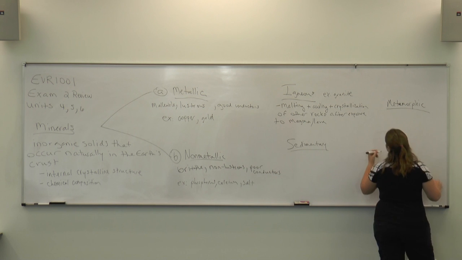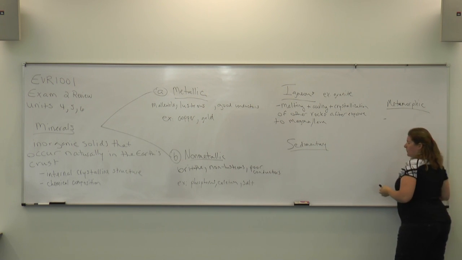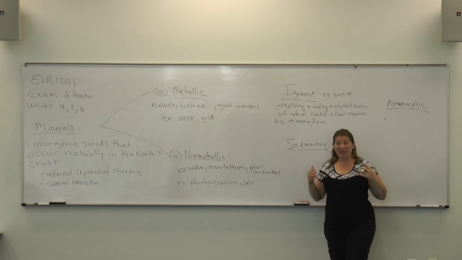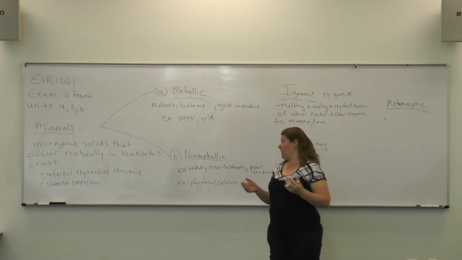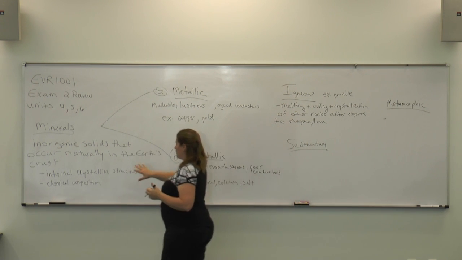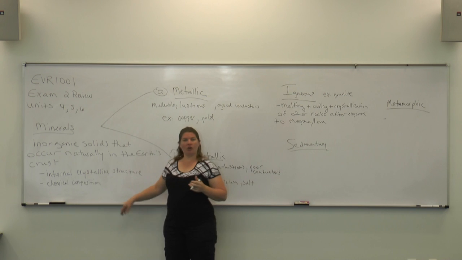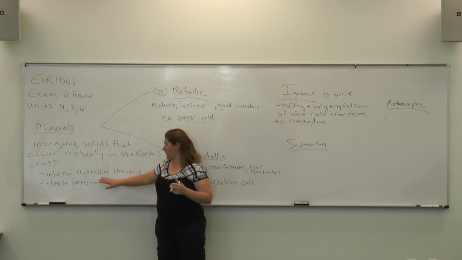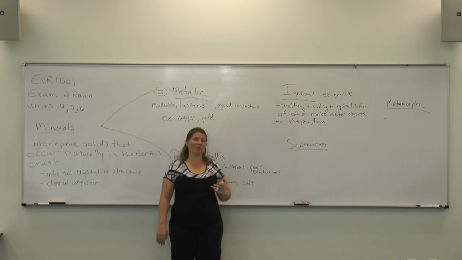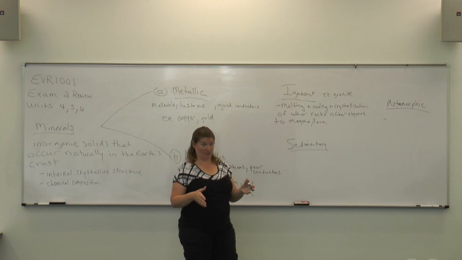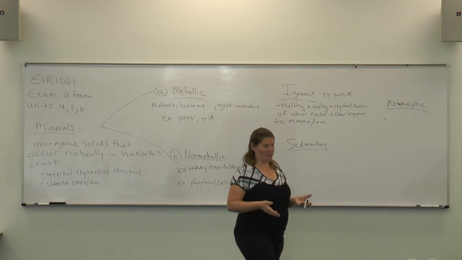Metamorphic rocks form due to a true chemical change, okay? So you have a real change in the chemical composition of an existing rock, plus a transformation of its crystalline structure, because it actually recrystallizes into this new kind of rock, metamorphic.